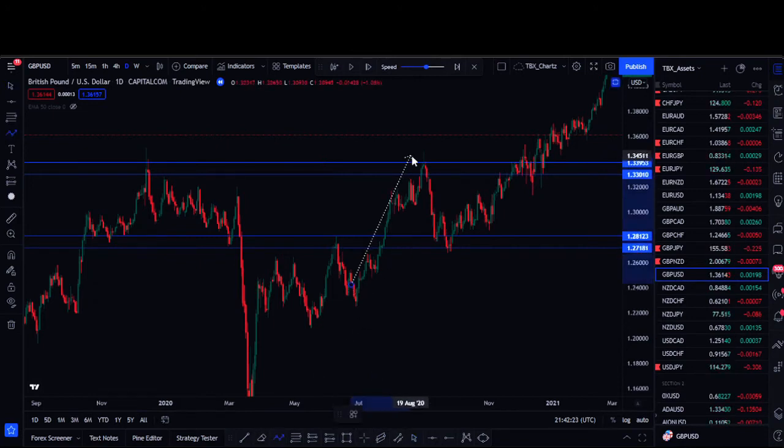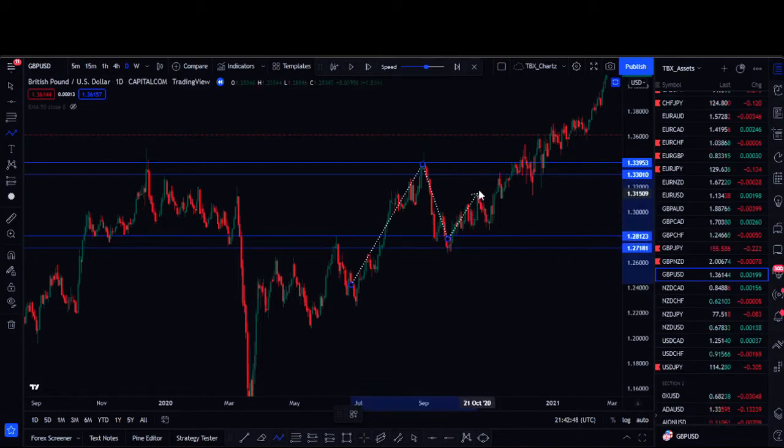Let's say price has been going bullish. Support is a zone in which price tests. It is a pullback for an uptrend. Let me say it like that. A support is a zone in which price tests before continuing an uptrend or before moving bullish. The zone in which price tests before moving bullish is called support.